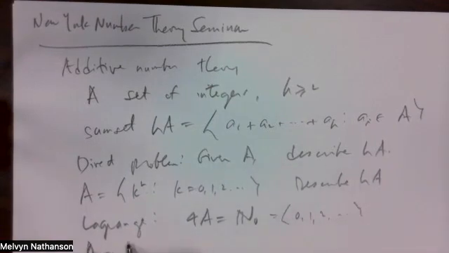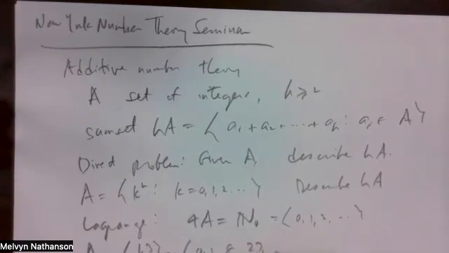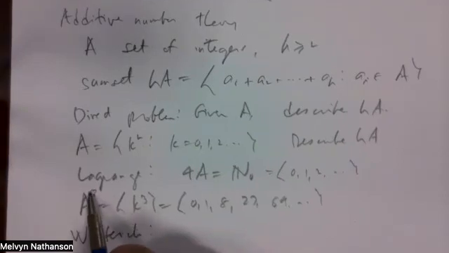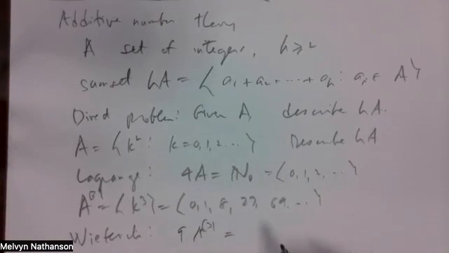If we take A to be the set of cubes, again, you can ask what numbers are sums of cubes. And there's a theorem which is due to Wieferich, which said, let me call this A3, just to indicate it's cubes: if you take 9 cubes, you get all integers.